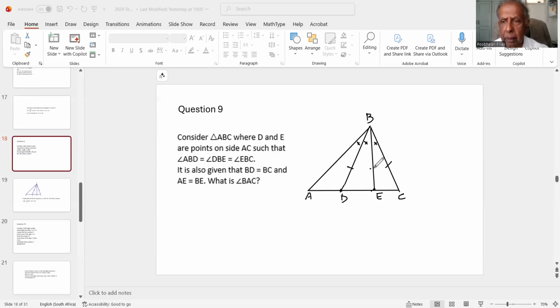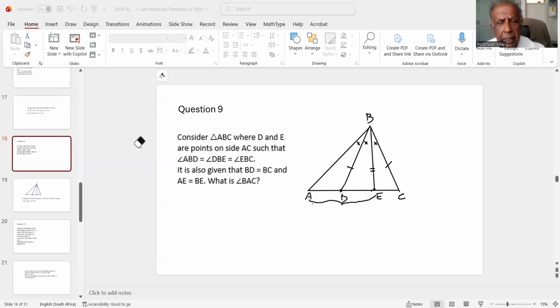So BE is equal to this thing here. BE, AE is this. Let's just put those two. Just remember that this line here is equal to that line there.